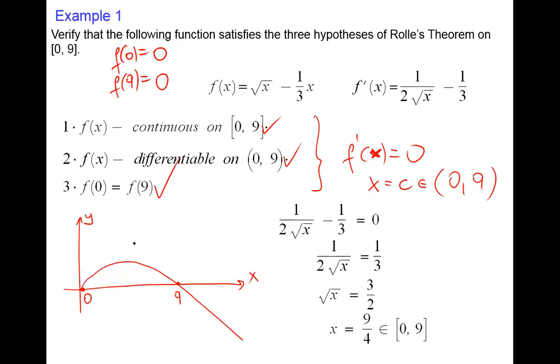And definitely somewhere inside, I think it's a little bit off, but this is my value c, because the derivative at c is 0. That's c. Okay? That we can see that, as I said, we don't have to really compute. Sometimes we have to just prove it.